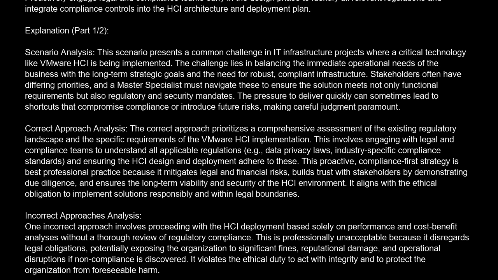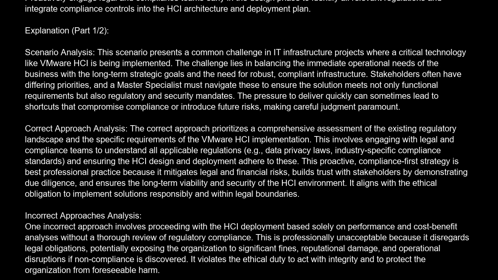This proactive, compliance-first strategy is best professional practice because it mitigates legal and financial risks, builds trust with stakeholders by demonstrating due diligence, and ensures the long-term viability and security of the HCI environment. It aligns with the ethical obligation to implement solutions responsibly and within legal boundaries.